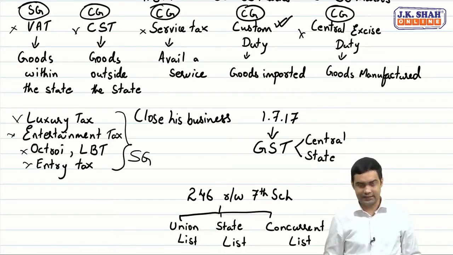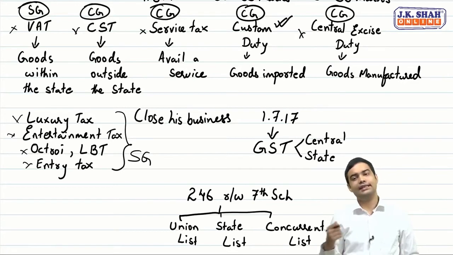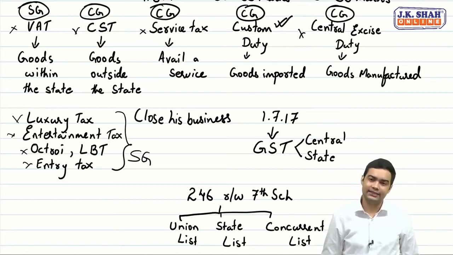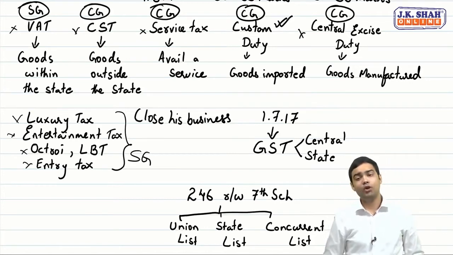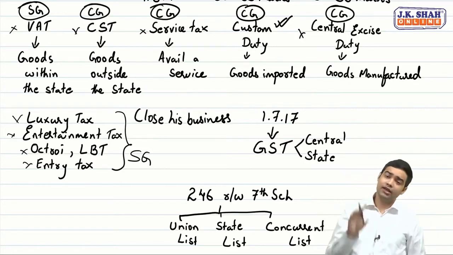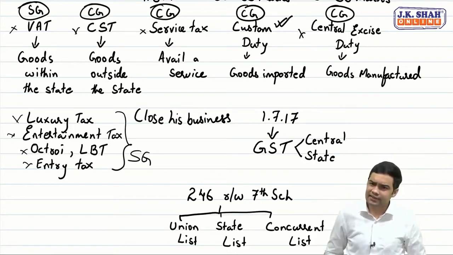Entertainment tax, state list. So, VAT, luxury tax, entertainment tax, all these were there in the state list. CST, service tax, custom duty and central excise were there in the union list. Now, the problem was, how do you levy a particular tax which will be levied by both the central government and state government? Sir, simple. Put it in the concurrent list.